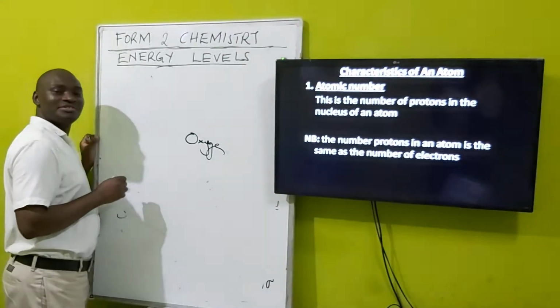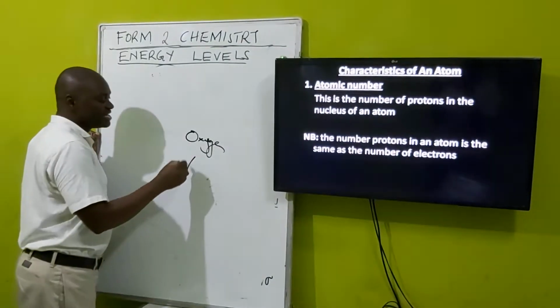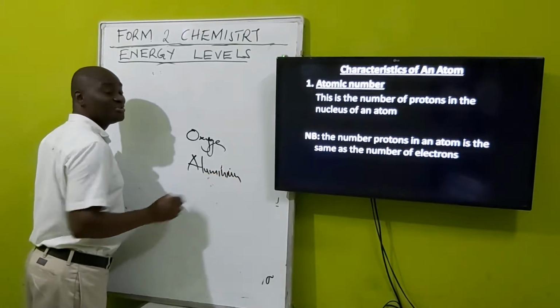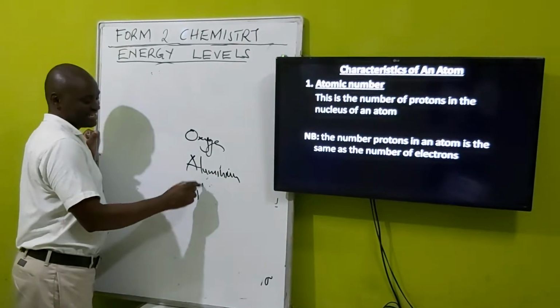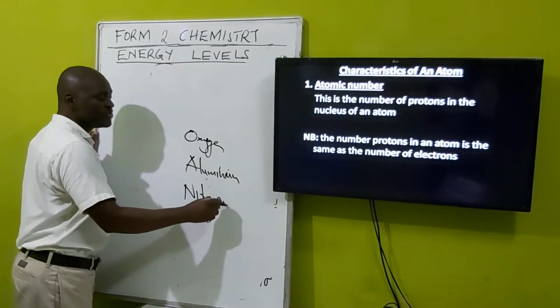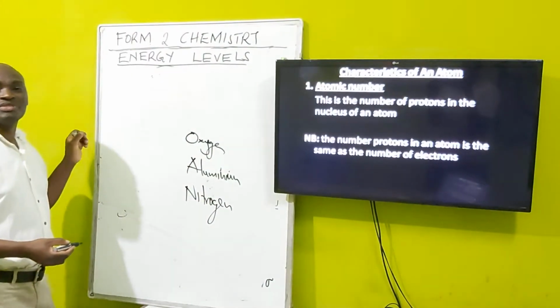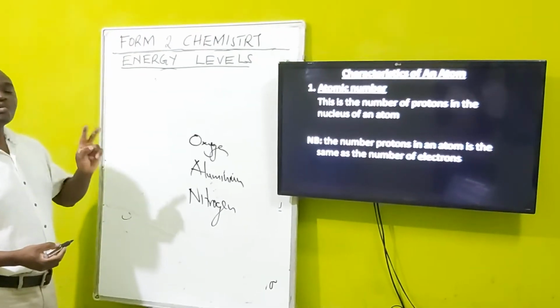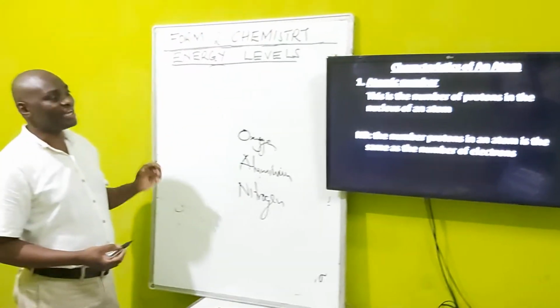This is an atom of aluminum. This is an atom of nitrogen. So how do we identify atoms? There are 2 ways in which we can identify atoms.